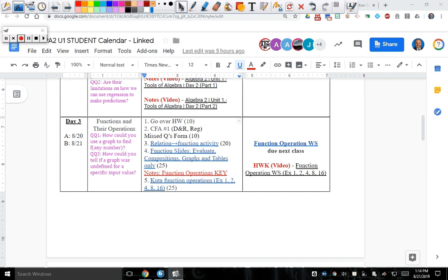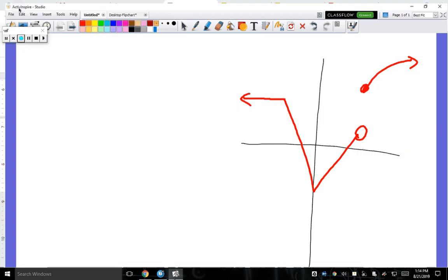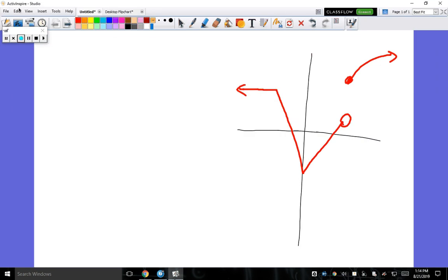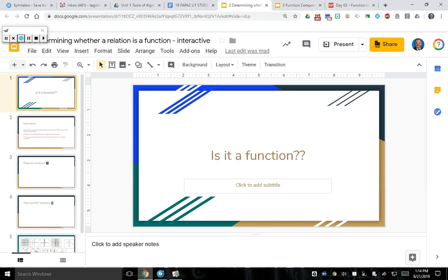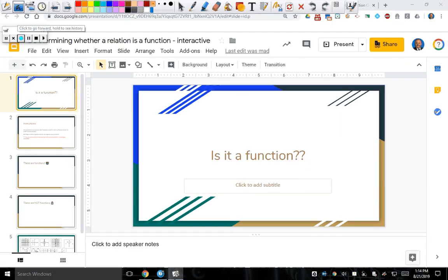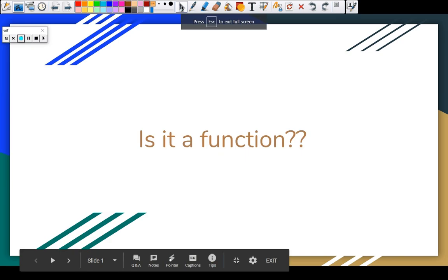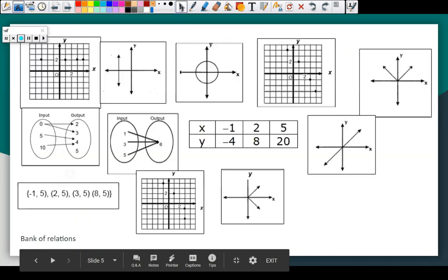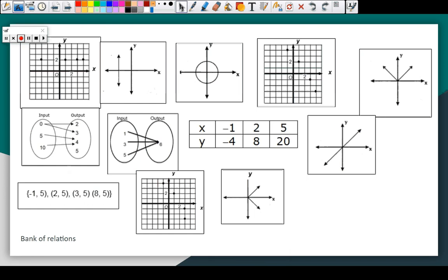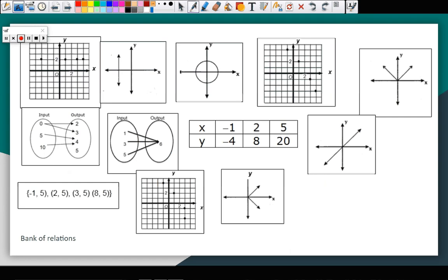So we're going to go to there we go. All right, so, is it a function? We're going to do these just real quick. I want to reiterate what is a function and what is a curve.